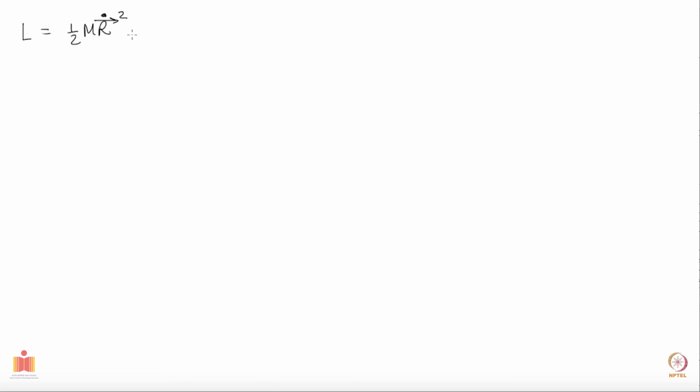Then you have the reduced mass term, which is half mu r dot square, and then we had the potential term, which is U of r, where I have introduced new notation, r, which is the magnitude of r2 minus r1. So this r without any vector symbol is this quantity.